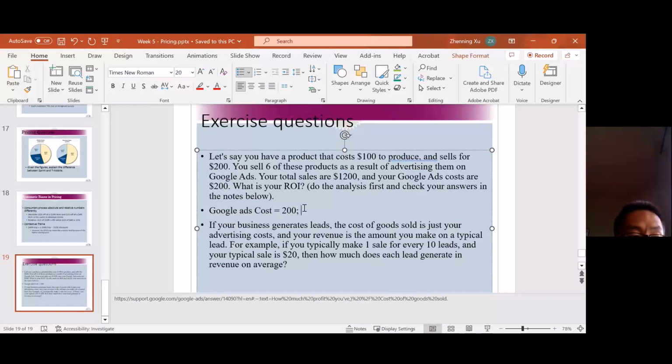And then total sales equals 200 times 6, which is 1200, right?